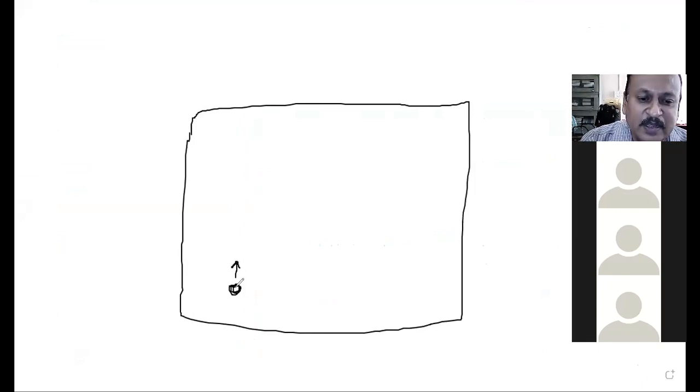Now what happens is in this particular sample, suppose I have got 100 molecules. I cannot write very properly with the mouse. 100 molecules of the sample.